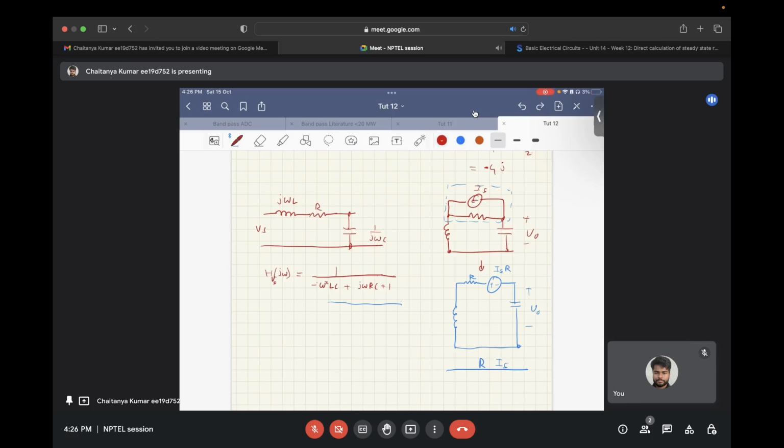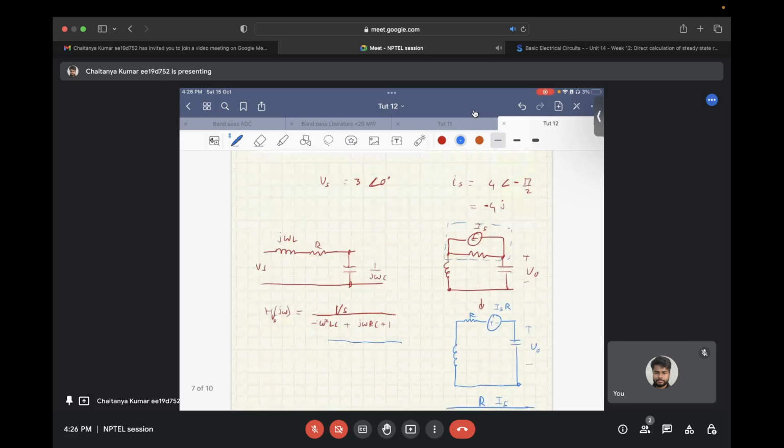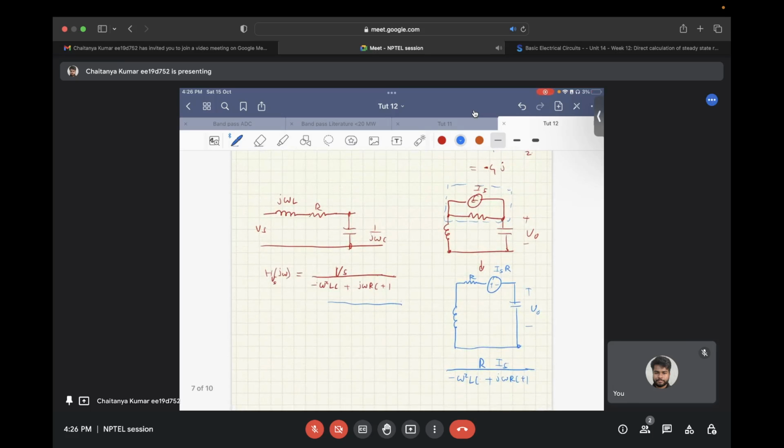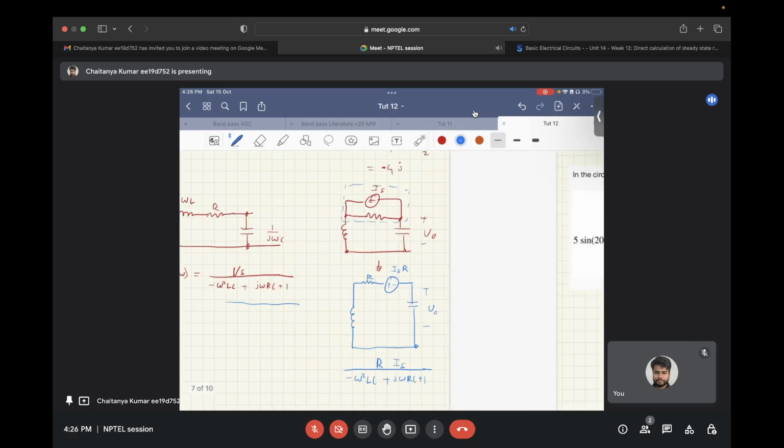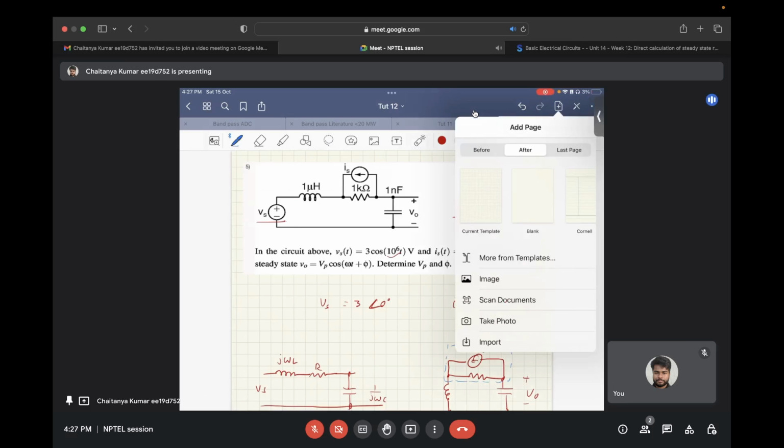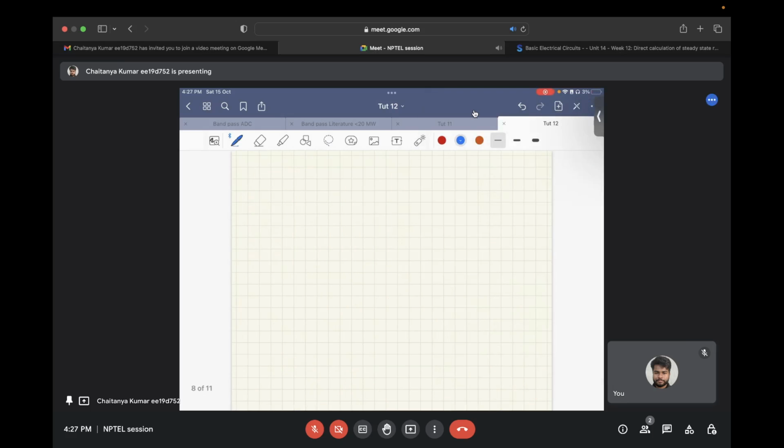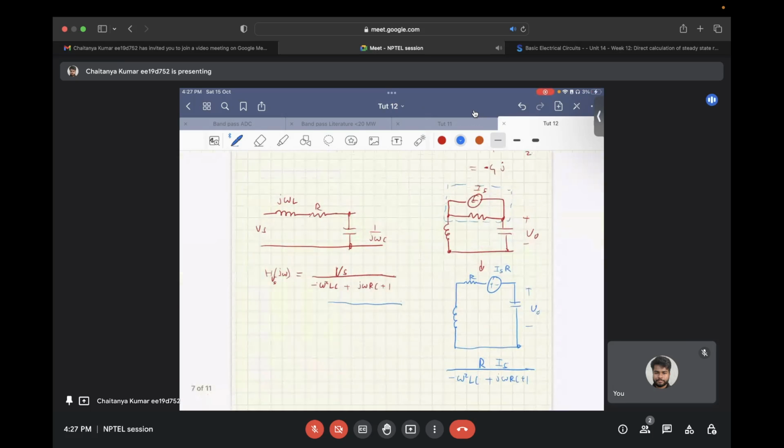This over here is Vs divided by minus omega square LC plus j omega RC plus 1. So we have these two things. Now we plug in the values of these and get the final answers.